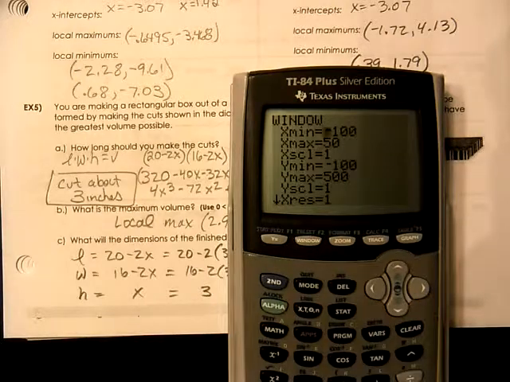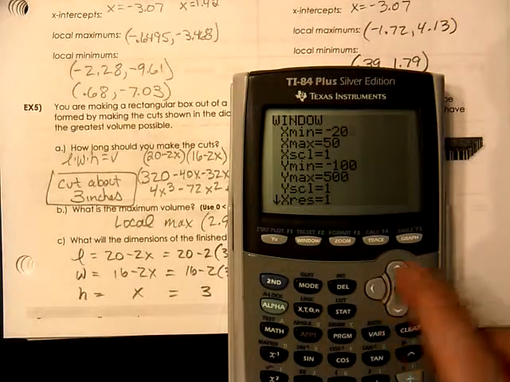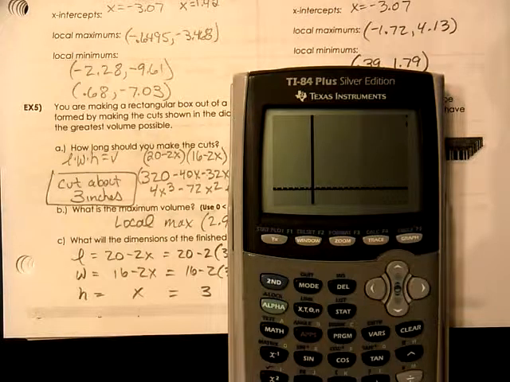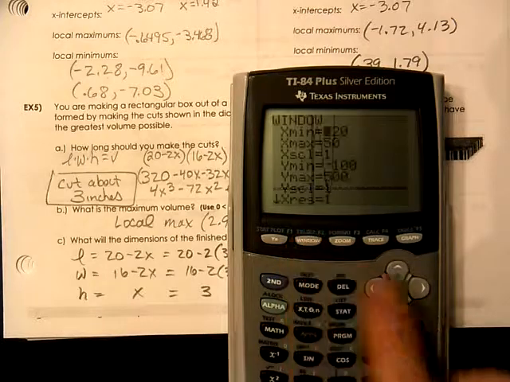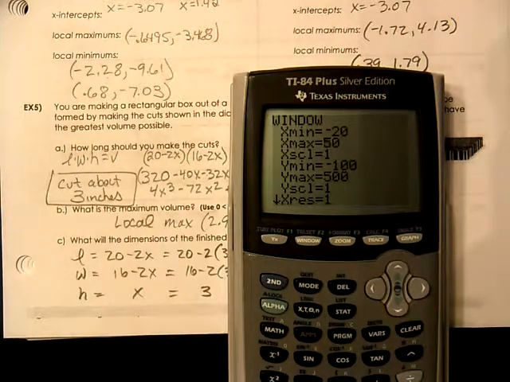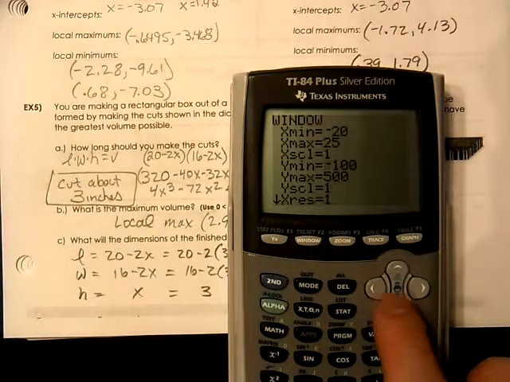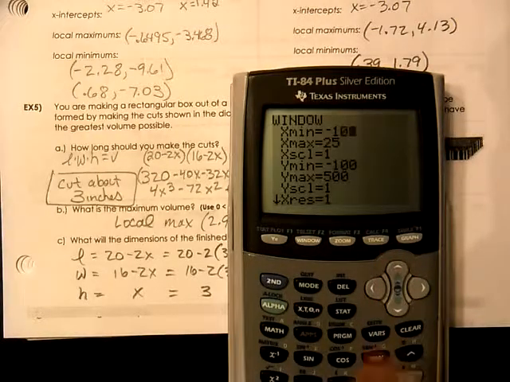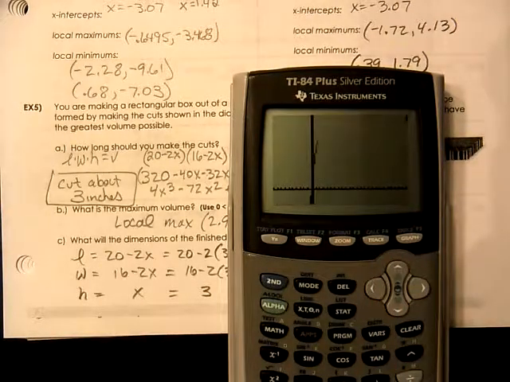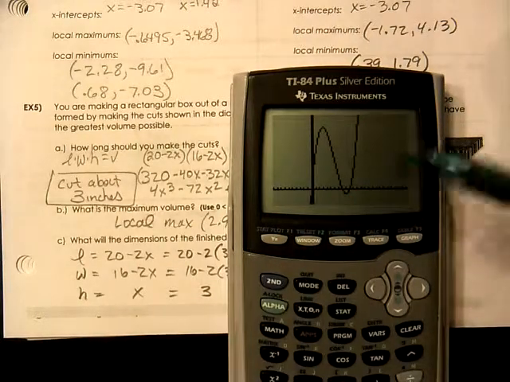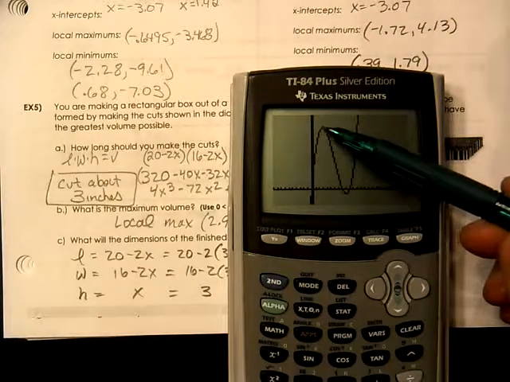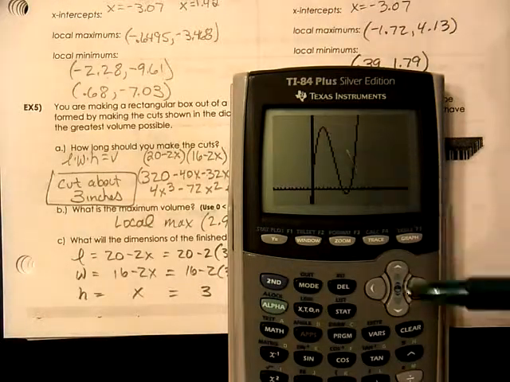Zoom in some more. Okay, you start to see what's happening with the parabola. There it's curving. Okay, so you can see that it's crossing 3 times, but you have one local maximum, and that's the calculation that we just found.